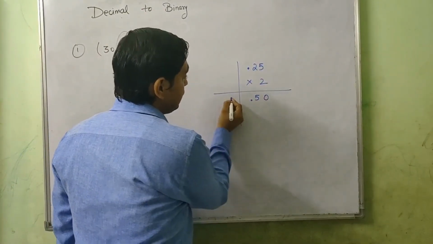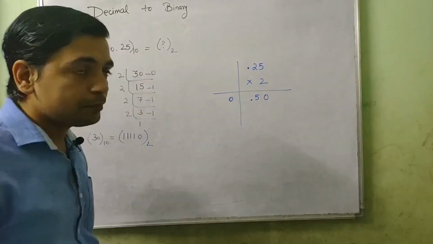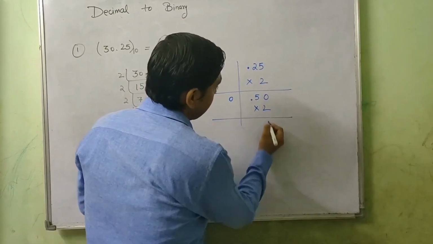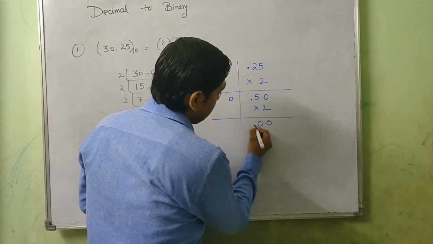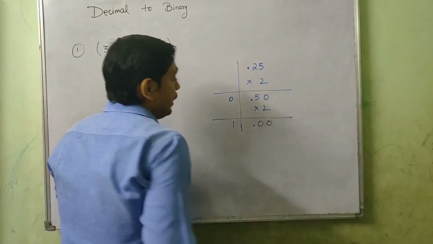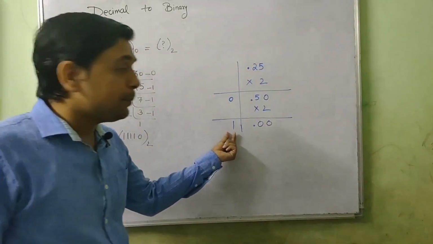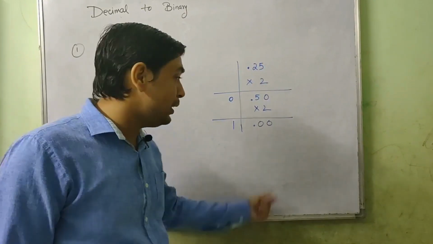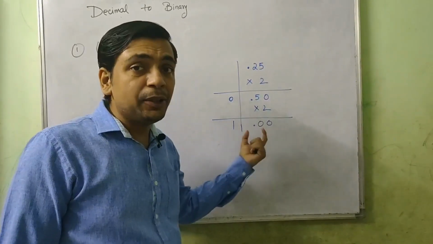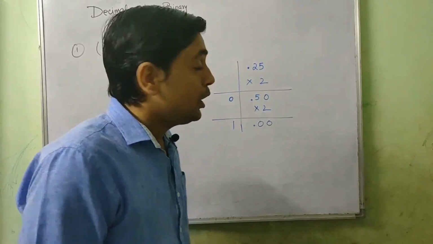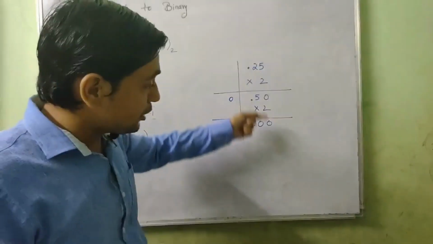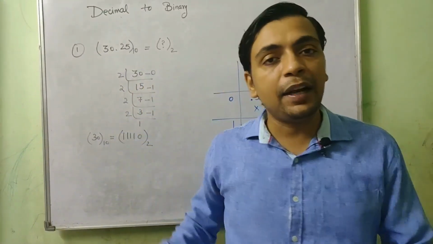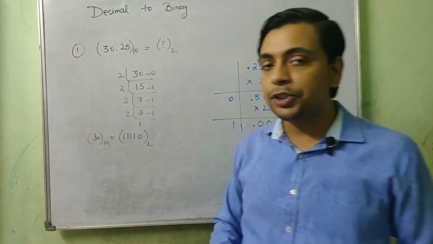So nothing in the integer part, so the integer part will be 0. You will multiply by 2 again, and this time 2 zeros are 0, 2 5s are 10, and you see you get 1 in the integer part and nothing in the fractional part. Now this multiplication will continue until you get only 0 in the fractional part, or the fractional part is repeated. There can be a case where it will be repeated and never come to 0. You will see that question also.